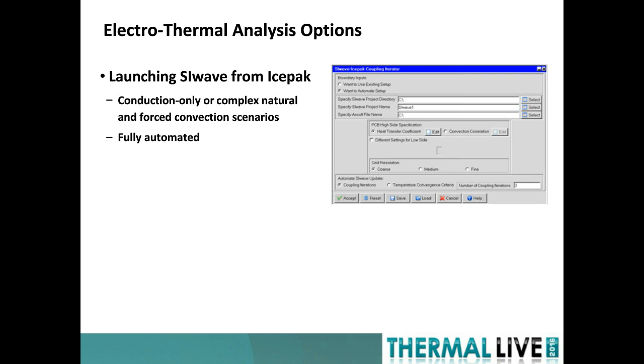My impression is this question is related to a conduction-only analysis where you specify the heat transfer coefficient. In that case, you would set up a number of these electrothermal analyses, manually specify different heat transfer coefficients, and perform multiple SI wave ice pack simulations.